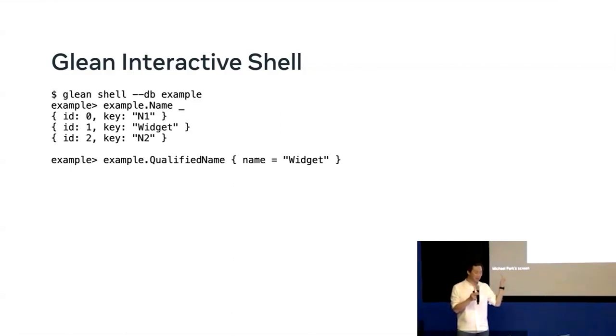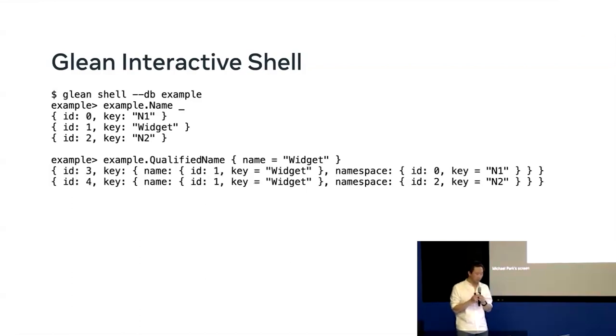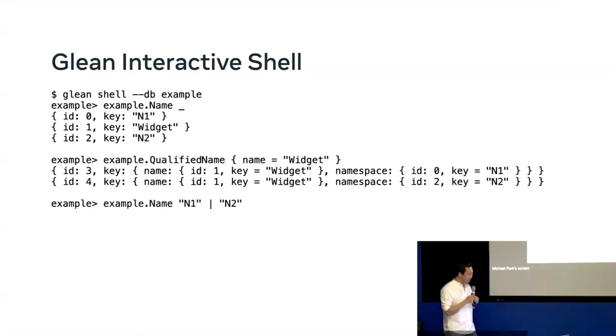So you can provide, for example, name is widget. It's going to produce the two widget qualified names that you have in the database. You can also use the vertical bar, which means or. Again, on the left you have example.name, which is the name of the predicate, and on the right you have a pattern, which is n1 or n2, and so that's going to give you the two names n1 and n2 in the database.